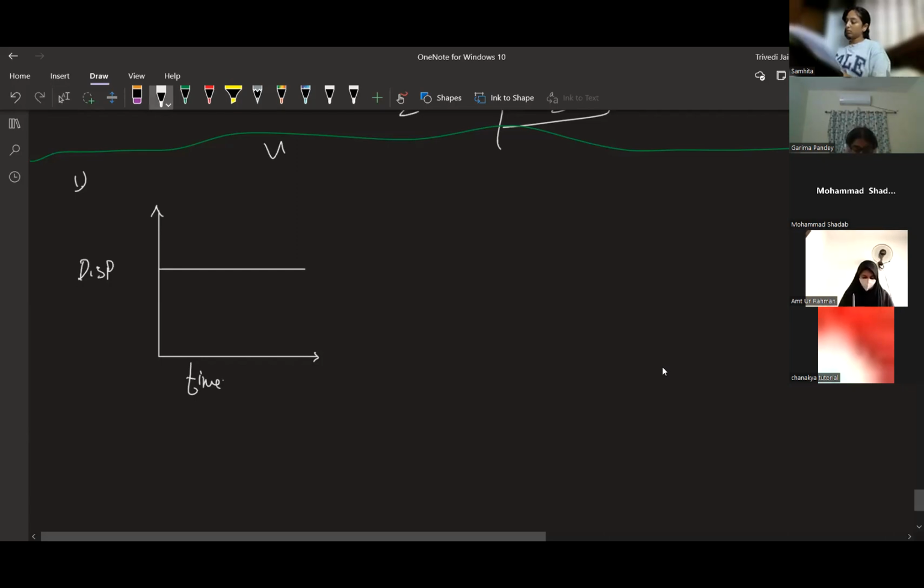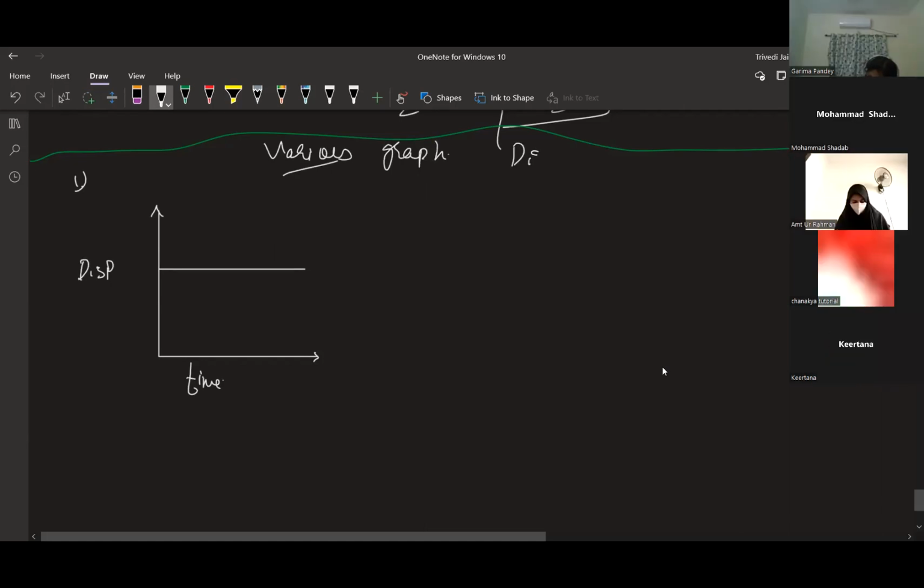Let's give a heading as various graphs: displacement, position versus time, versus velocity, and time. Everything. Today we are just going to discuss all these graphs.